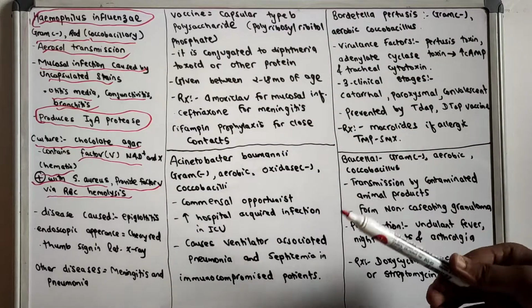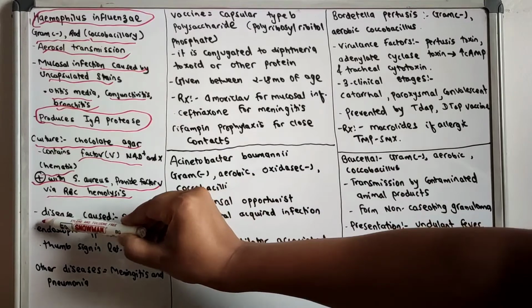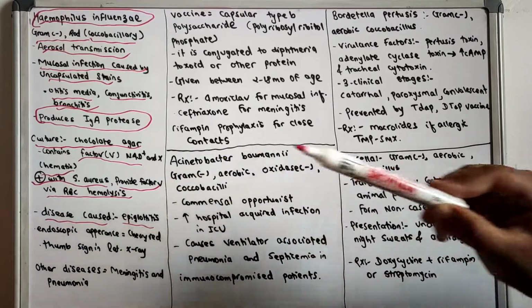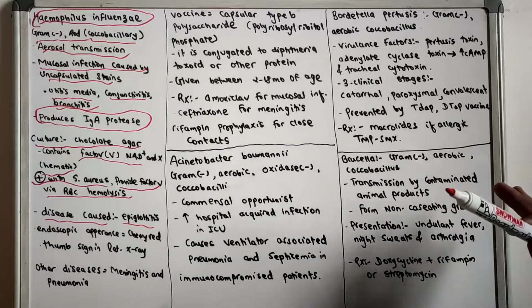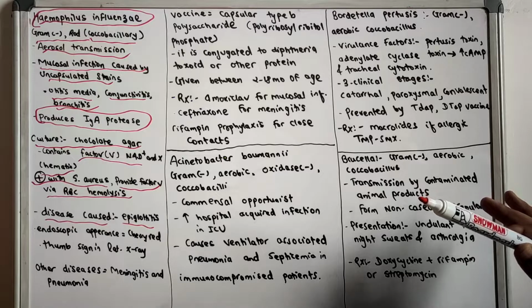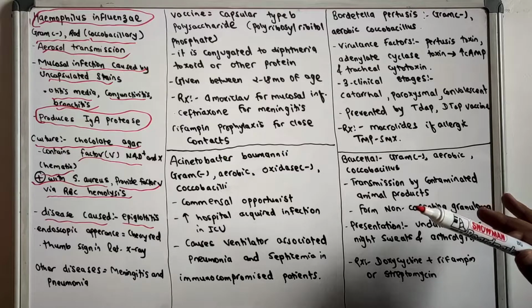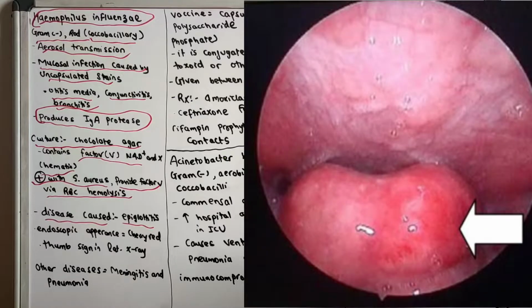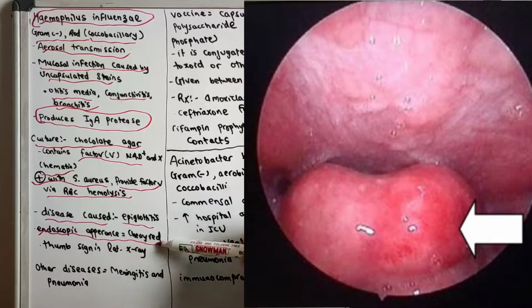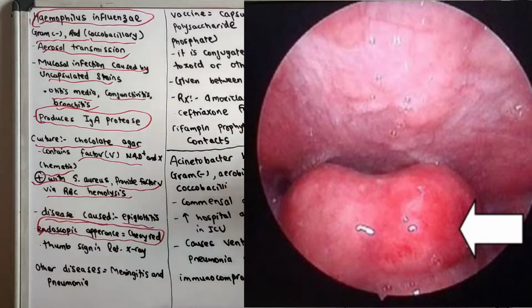The various diseases caused by Hemophilus influenzae include epiglottitis. You can see in this picture the endoscopic appearance of the epiglottis, which is inflamed, with a cherry red appearance.